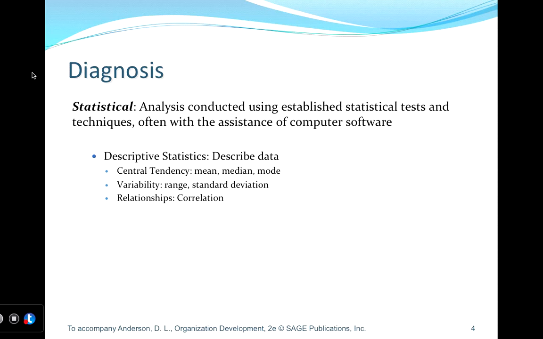The more drinks you have, your driving performance goes down. They're moving in opposite directions. That would be evidence of a negative correlation, and vice versa. As the number of drinks you had goes down, your driving performance goes up. So this would be an example of a negative correlation.